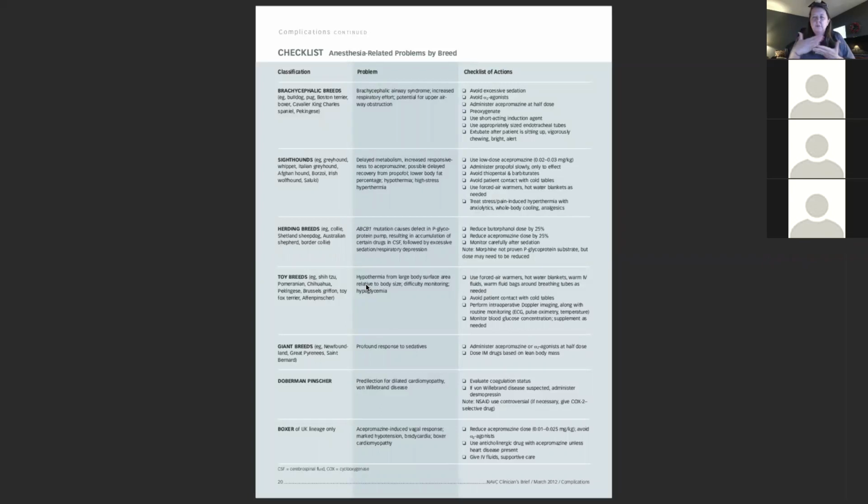And then all of this can predispose them to hypothermia. And once they get cold, it's very hard to bring them back up. It's much better to keep them warm right off the bat. If you can start by putting them on a heating pad in the prep room, baby socks on their paws, warm IV fluids, cover them with a towel.